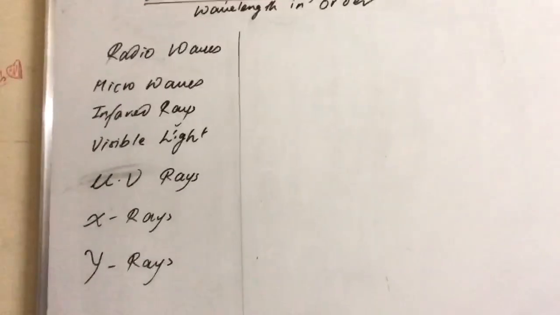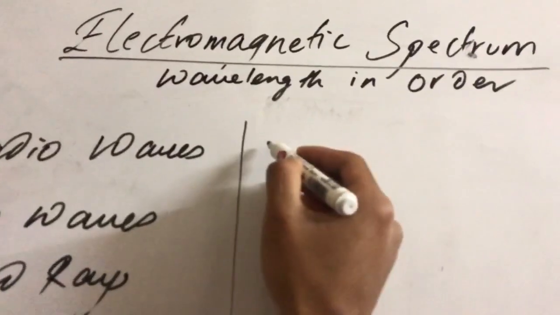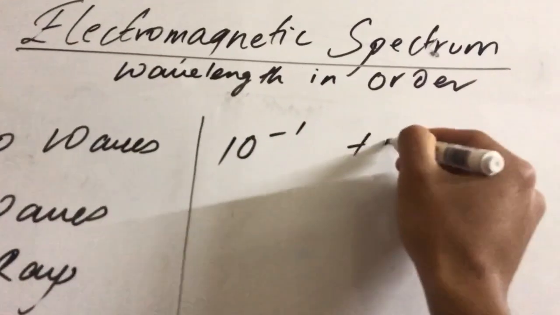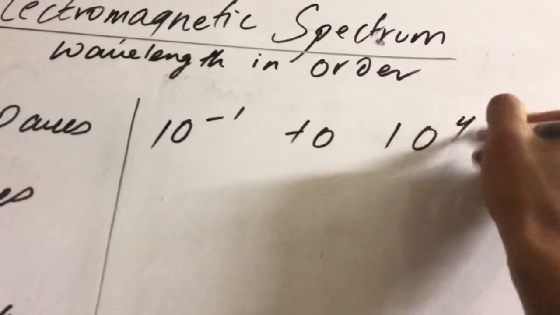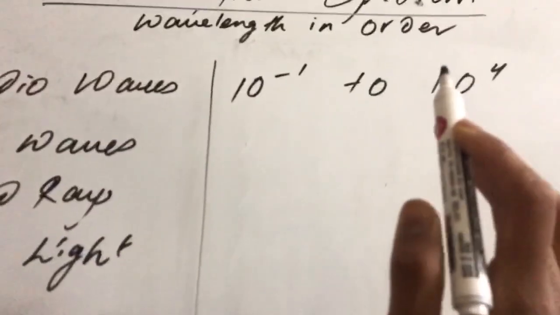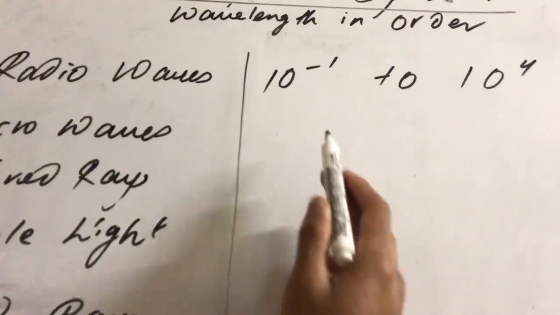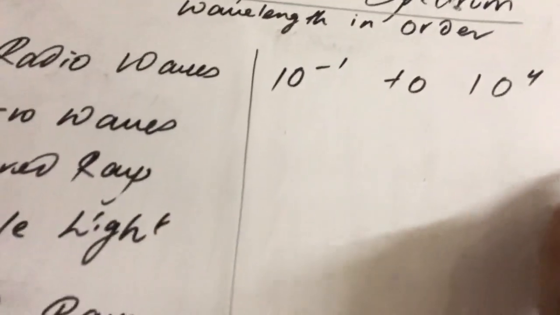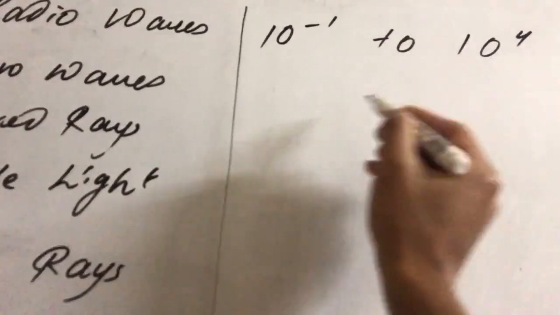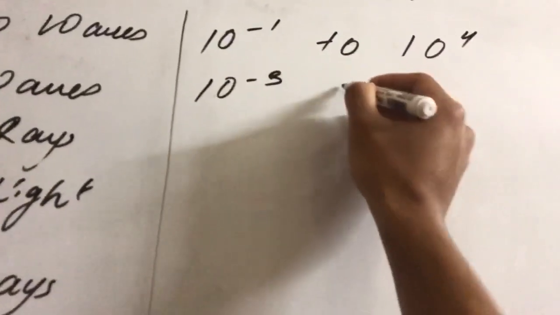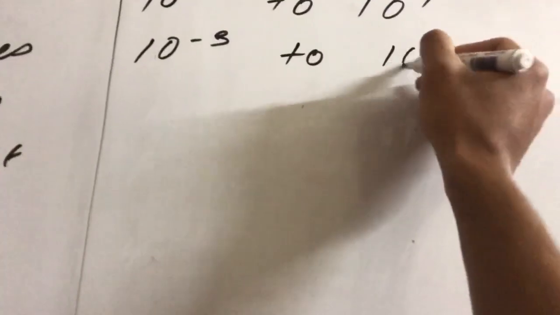So first thing to remember: for radio waves the range is 10 to the power minus 1 to 10 to the power 4. Remember, first it has the largest wavelength, from 10 to the power minus 1 to 10 to the power 4. And for microwaves it is 10 to the power minus 3 to 10 to the power minus 1.